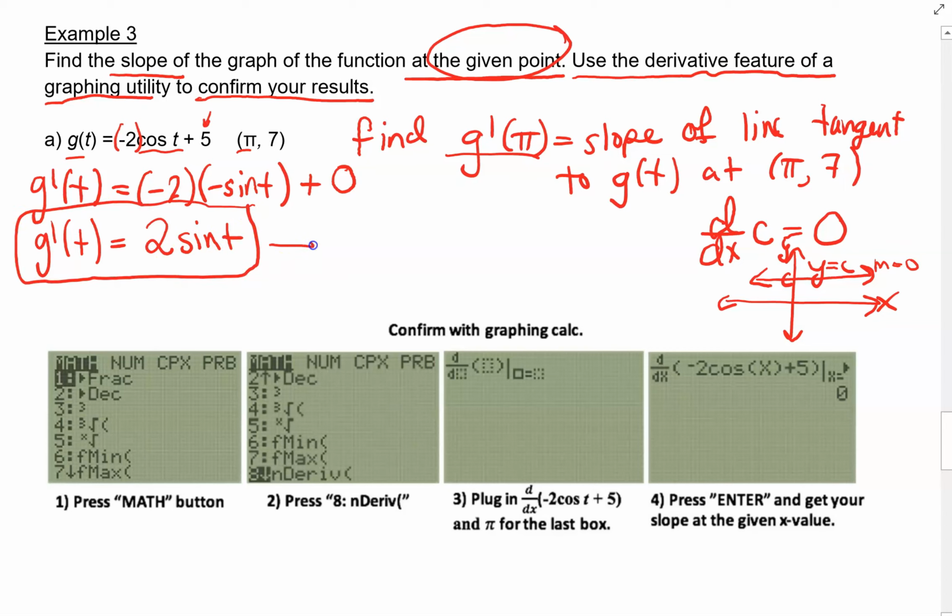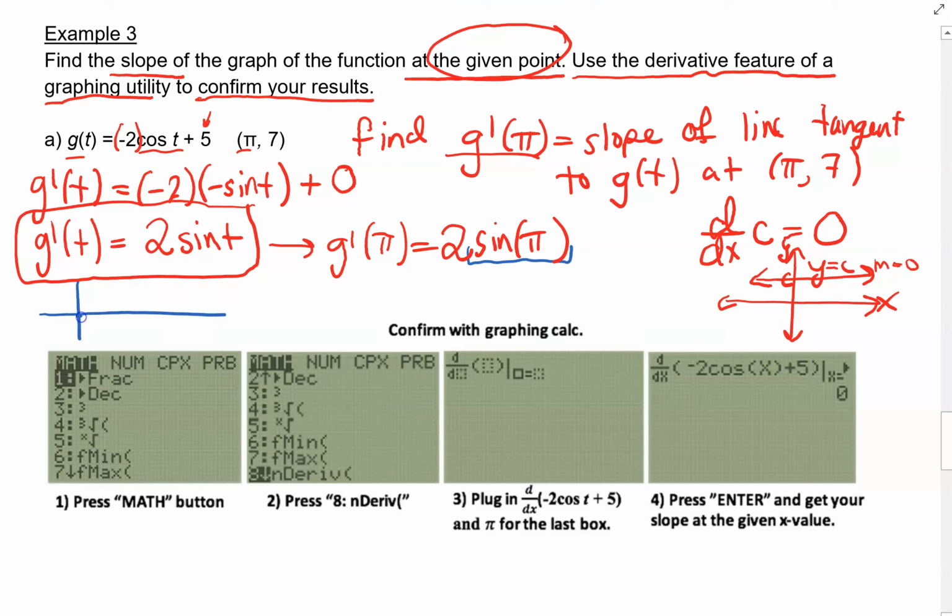So now we can go ahead and find g prime of pi, because I can plug pi in for t. So that'd be 2 times sine of pi. So then we just have to remember what sine of pi is. It might help to think of the graph of sine. We've been doing that lately in our warm-ups.